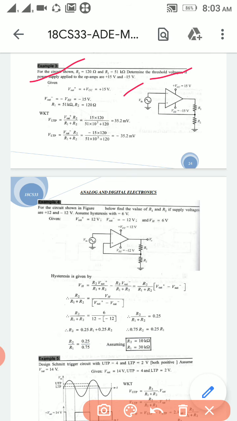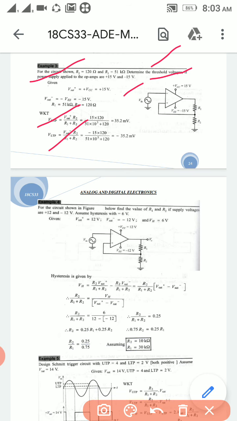We know the formula. What is asked is to determine the threshold voltages. VUTP is equal to V saturation times R2 divided by R1 plus R2. There we substitute the values, 15 volts times 120 divided by R1 plus R2, and get the value. VLTP is equal to minus VSAT times R2 divided by R1 plus R2, so again you substitute the values and find the values.